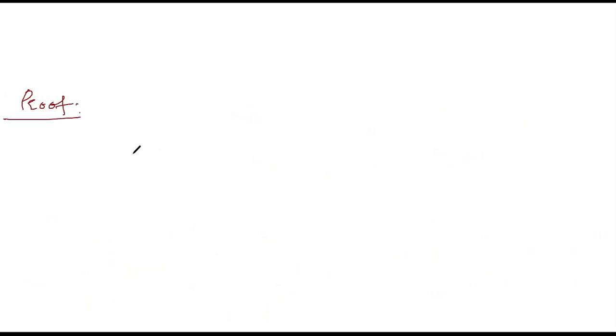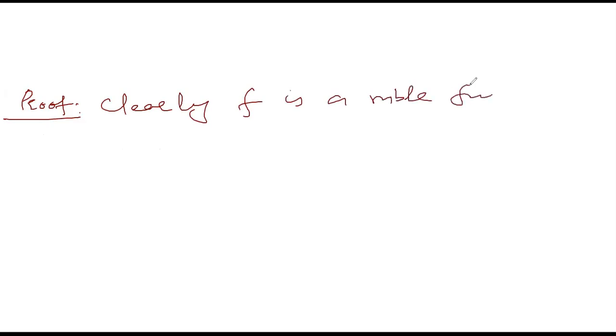So the limit of the integral of phi and the limit of the integral of psi may be infinite. Clearly f is a measurable function, there is no need to prove this.